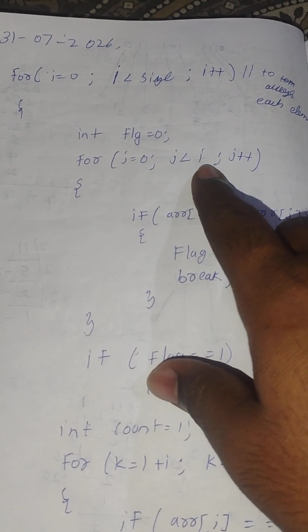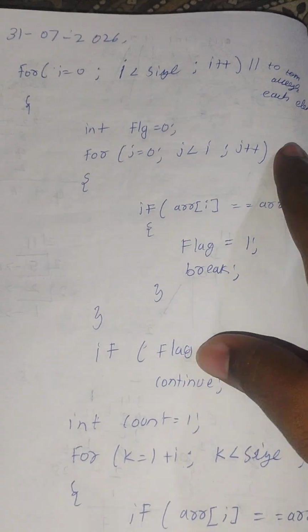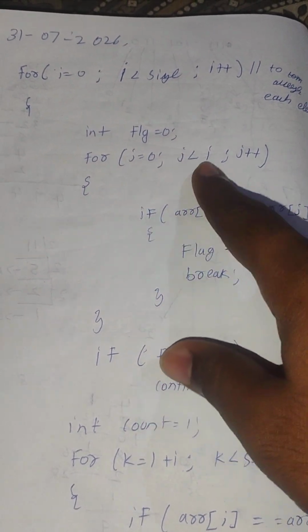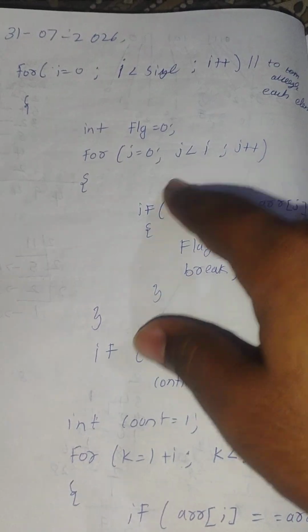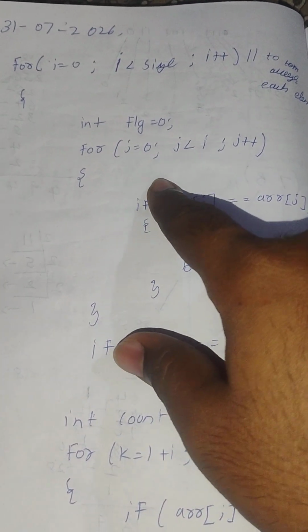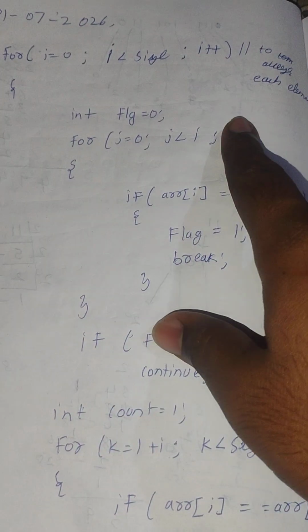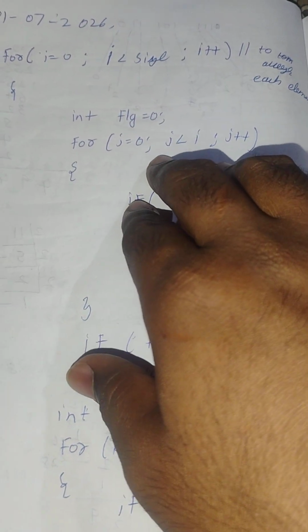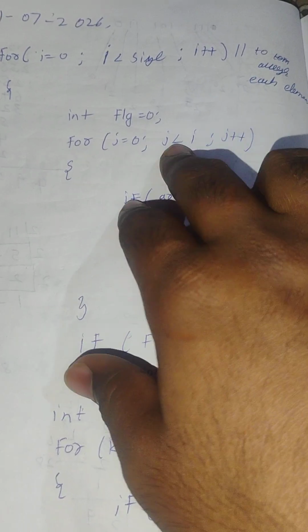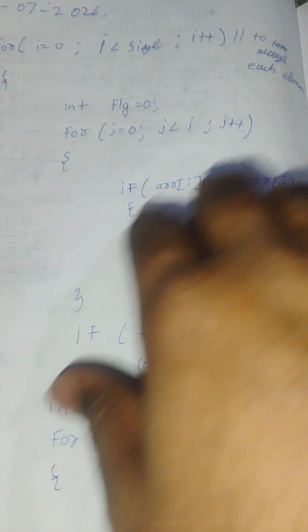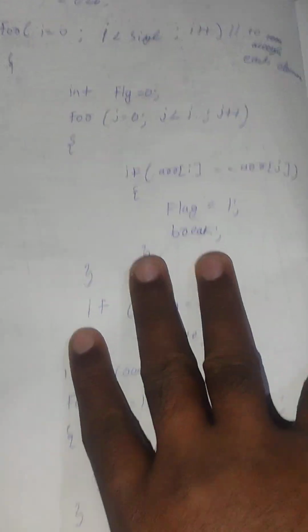It needs to search up to i only. Here for the first condition we don't need to search, so this condition will completely break, because j and i are both 0, and this condition will become false.